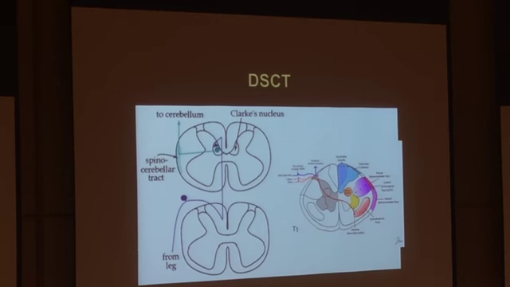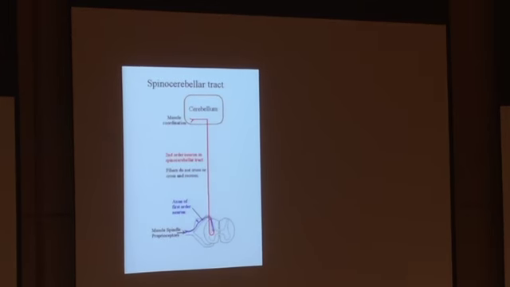It's not drawn here, but again, after the synapse in Clark's nucleus, it moves out to the dorsal spinocerebellar tract and then goes up to the cerebellum. So 3 out of the 4 spinocerebellar tracts have this basic pattern.